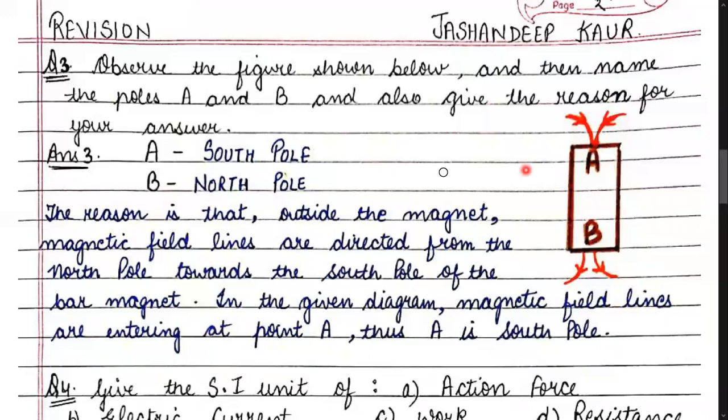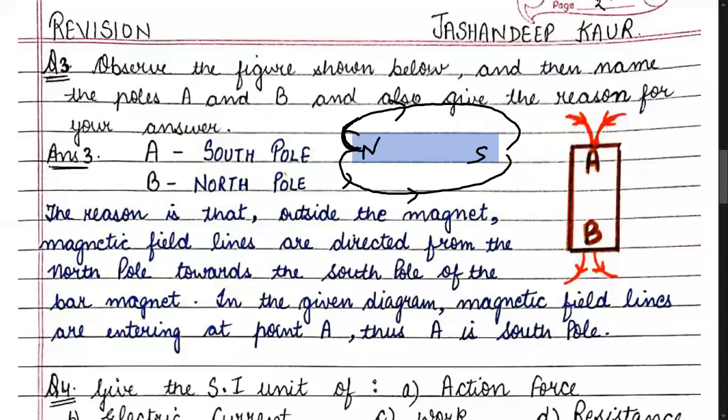So we can say that A is South Pole and B is North Pole. Why so? The reason is that outside the magnet, magnetic field lines are directed from north to south pole. We have done this, that outside the bar magnet, magnetic field lines are going from north towards south.